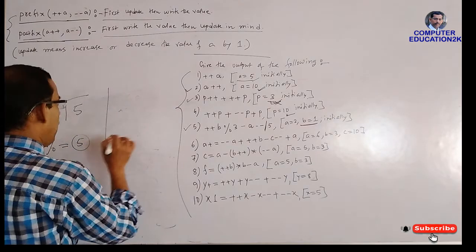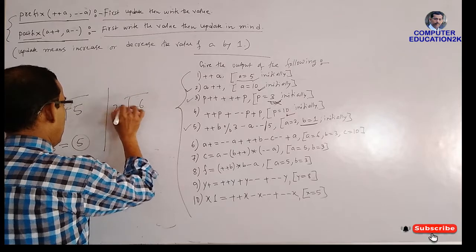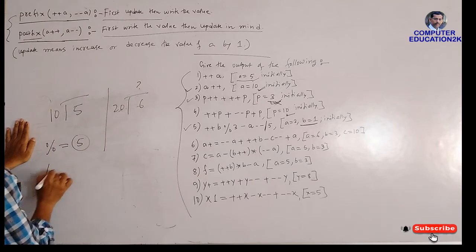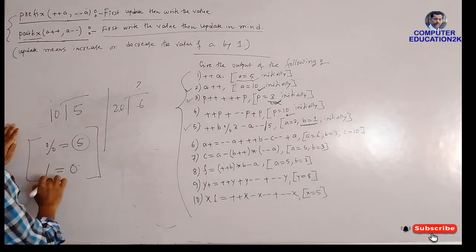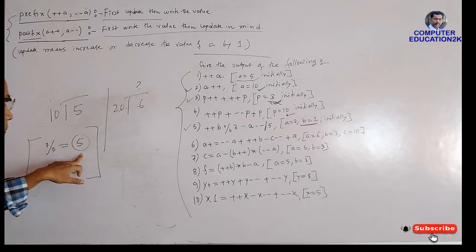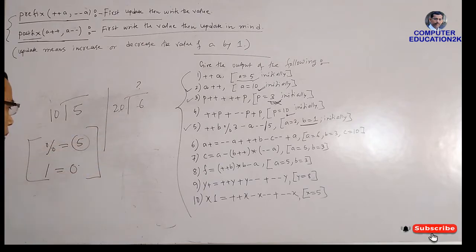But if you divide a smaller number by a bigger number and try to take the quotient, then you will take 0. Keep in mind: for the remainder, take the smaller number only, and for the quotient, take 0.